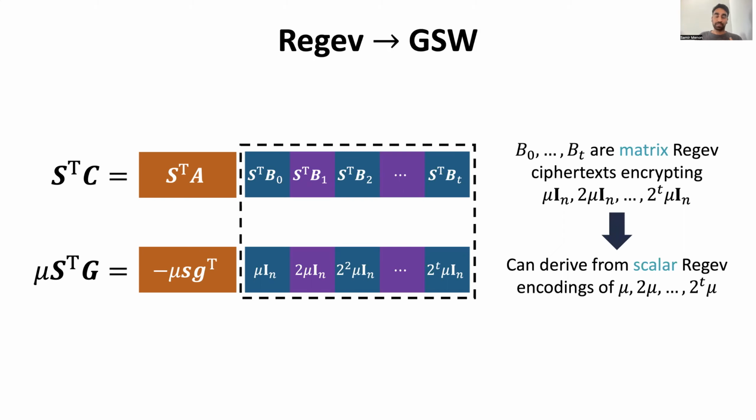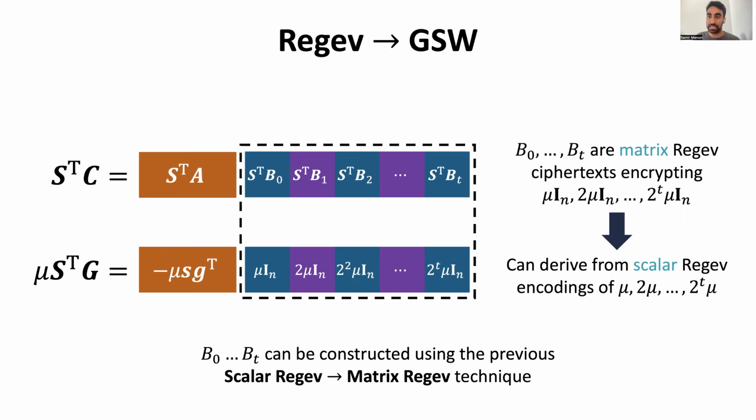So say we were given a bunch of scalar encodings of the bit mu multiplied by 1, 2, and so on. Then it would be a direct application of our previous technique, right? We have a bunch of values, and we'd like to just get encodings of those values times the identity matrix. So we can apply our scalar to matrix technique to construct those immediately.